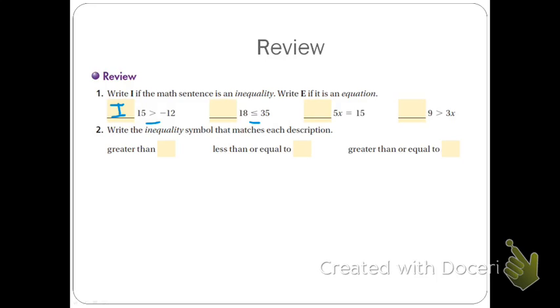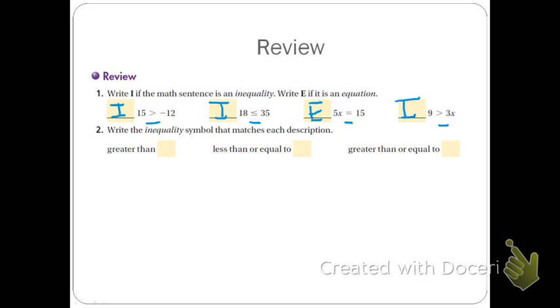In the next sentence, we have a less than or equal to sign. Again, that's an inequality. In the next sentence, you have an equal sign, so that's an equation. And the last one, we have a greater than sign, so that again is an inequality. So the basic difference between an inequality and an equation is whether or not it has an equal sign.